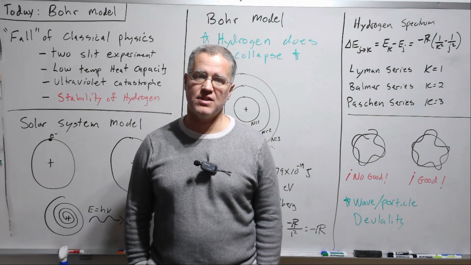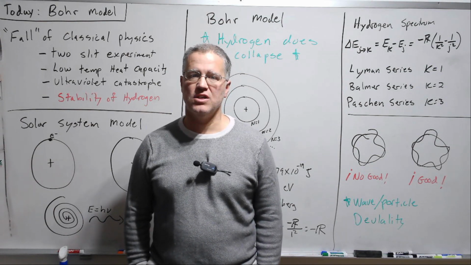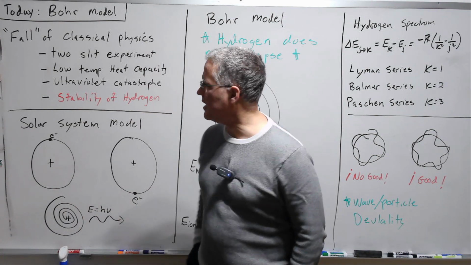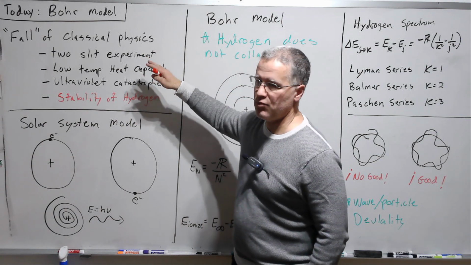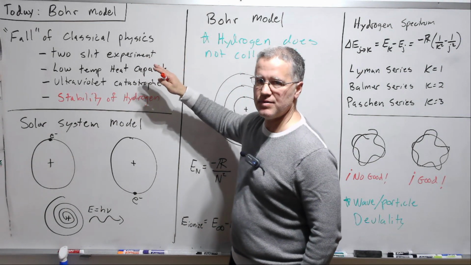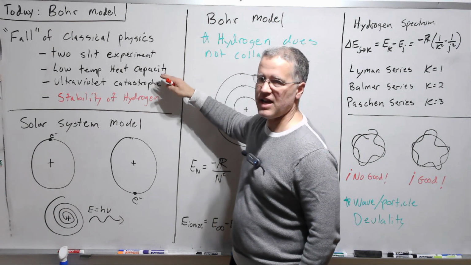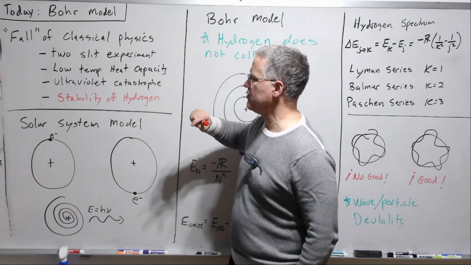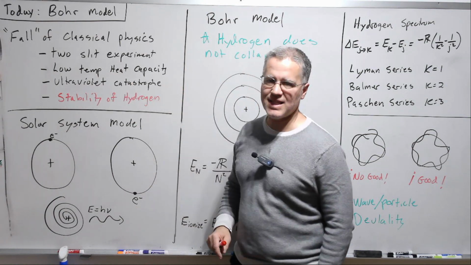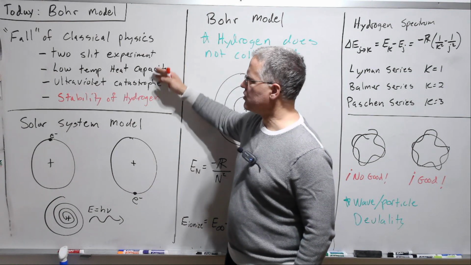And what we saw was things that did not match the classical theory. In particular, a number of things, even more than listed here, but the two-slit experiment, how materials behave in terms of their heat capacity as we start to approach absolute zero. So we were able to probe colder and colder temperatures. Something called the ultraviolet catastrophe. These things we won't talk about.